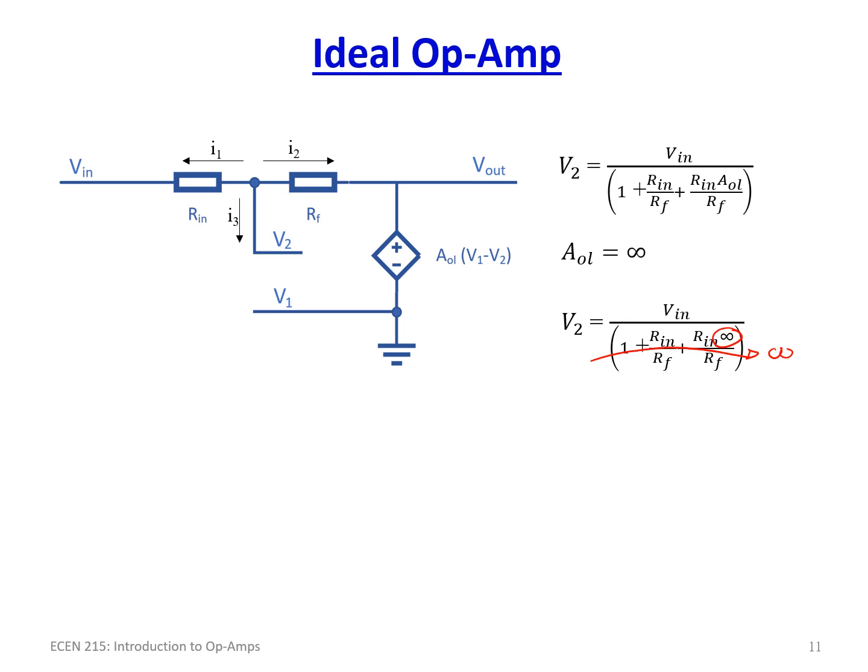So we have Vn over infinity, which means V2 is actually 0, because anything divided by infinity goes to 0. It's just the nature of the mathematics. So what does this mean?